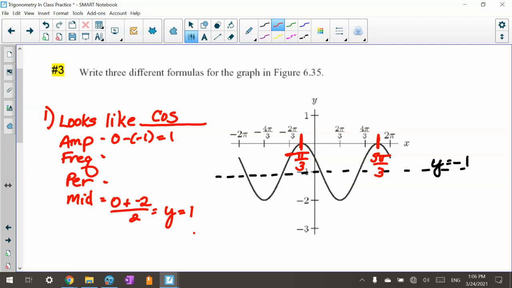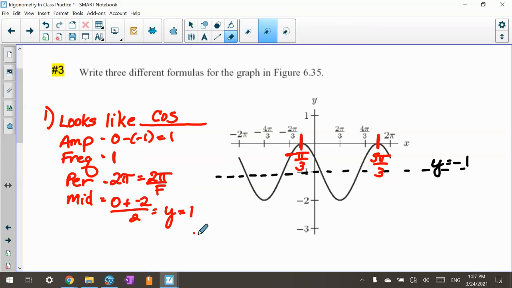My period, we already said, if I went from negative pi over 3 to 5 pi over 3, overall I have 6 pi over 3. So my period is 2 pi, which equals 2 pi over my frequency, so my frequency is 1.